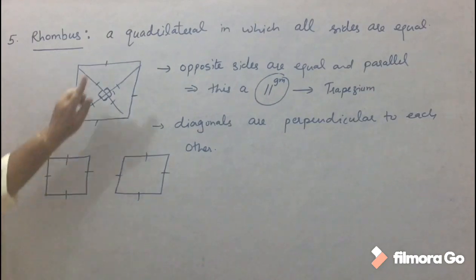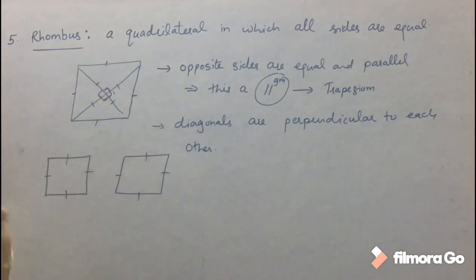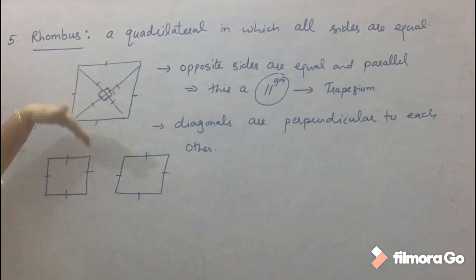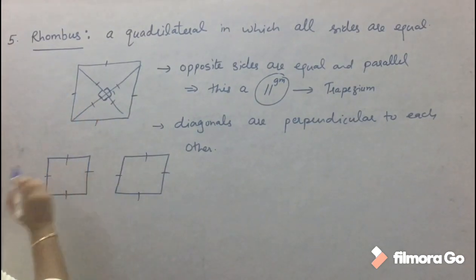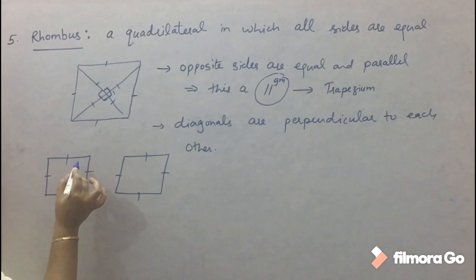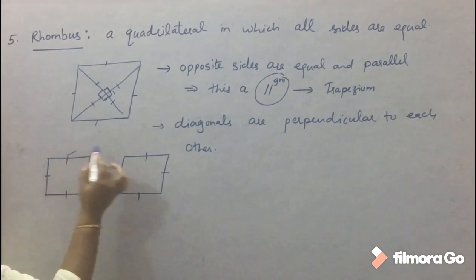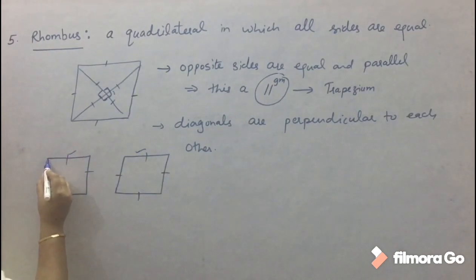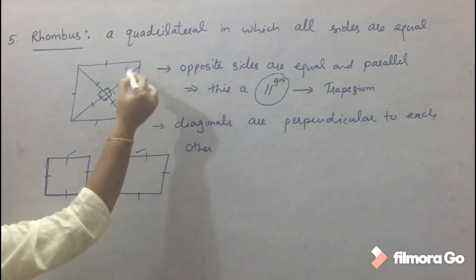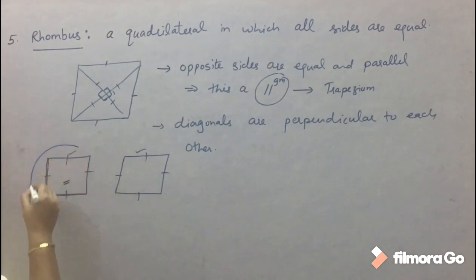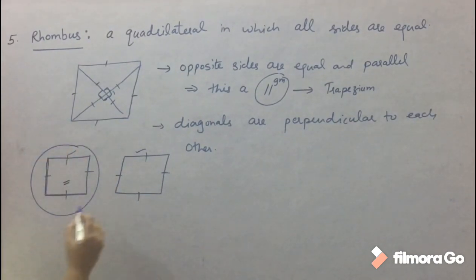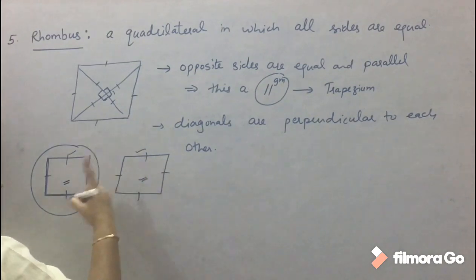When we define the rhombus, we say all sides are equal, which means opposite sides are also equal and parallel, and diagonals bisect each other at 90 degrees. Now can we say every square is a rhombus? Yes. Because all these conditions we can observe in a square. It means every square is a rhombus, but every rhombus is not a square.